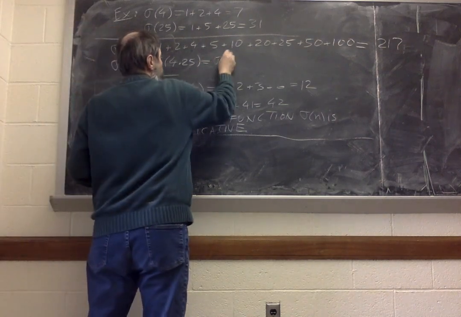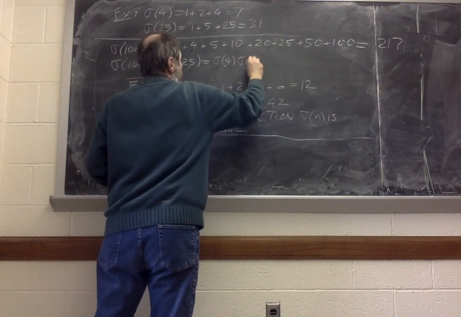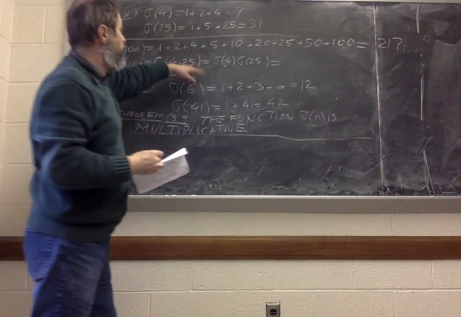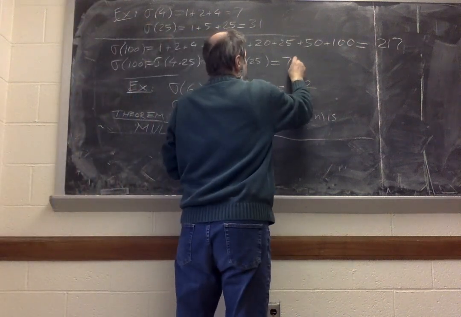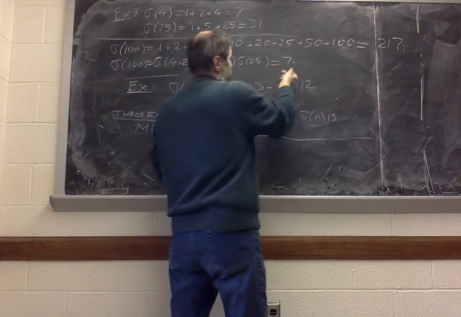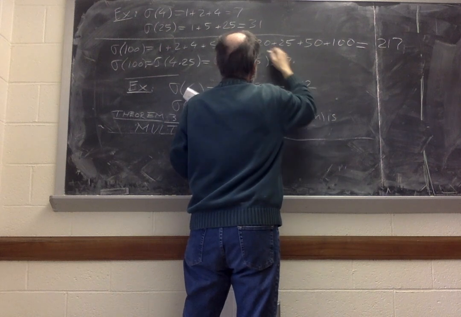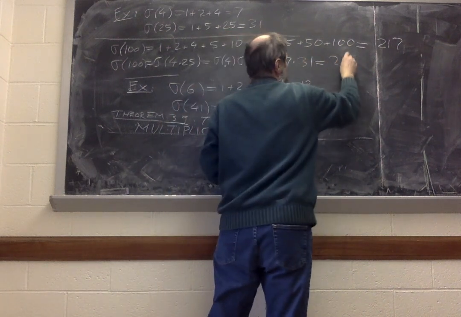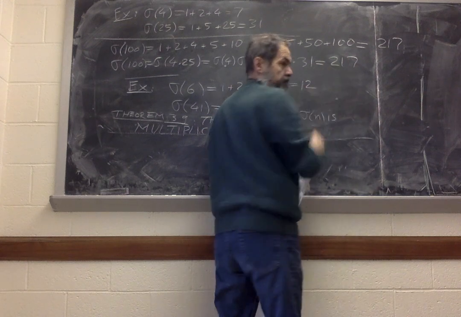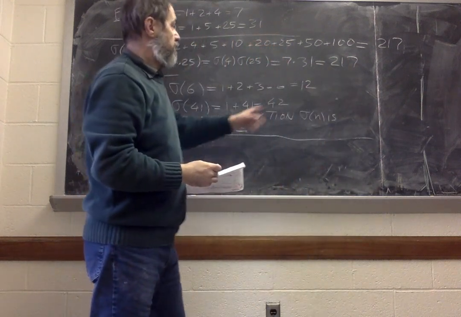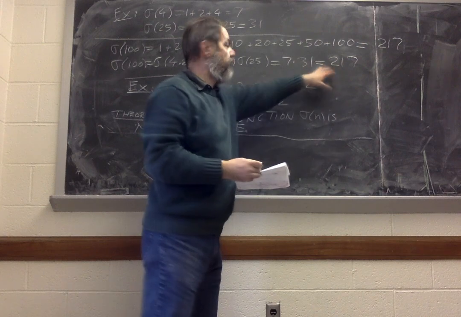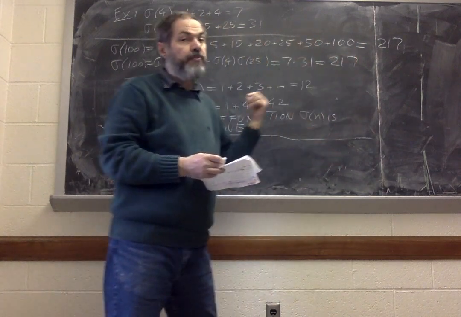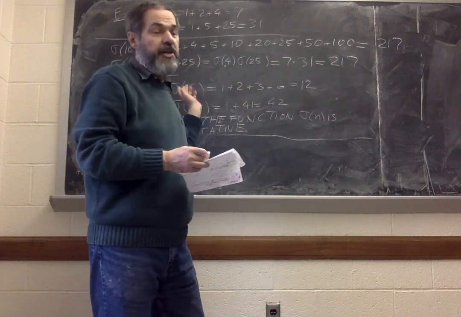This is sigma of 4 times sigma of 25. And they were computed before. Sigma of 4 is 7. Sigma of 25 is 31. 7 times 31 is 217. 7 times 1 is 7. 7 times 3, 21. So it is equal to the 217 we obtained, so to speak, the hard way, by listing divisors.